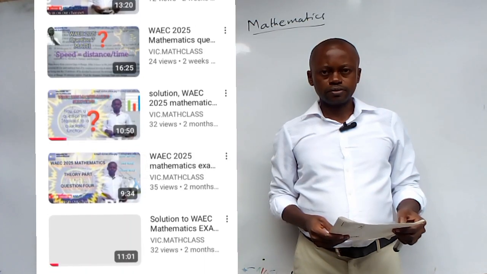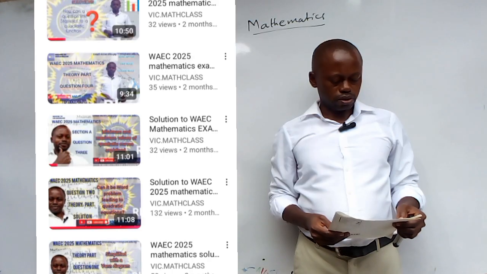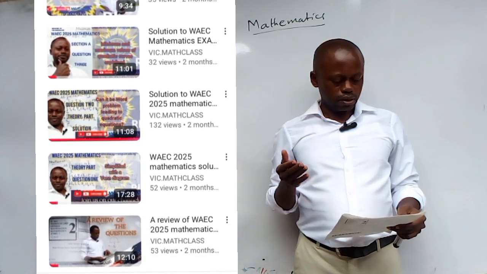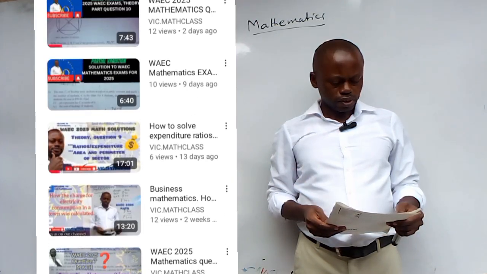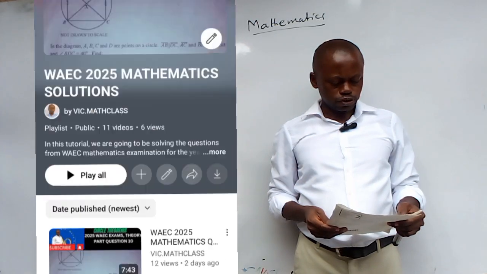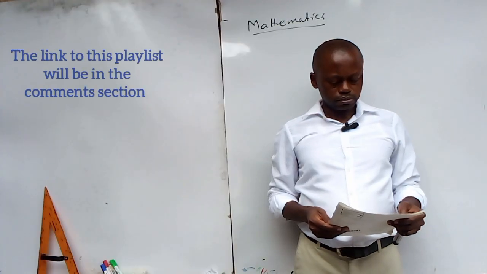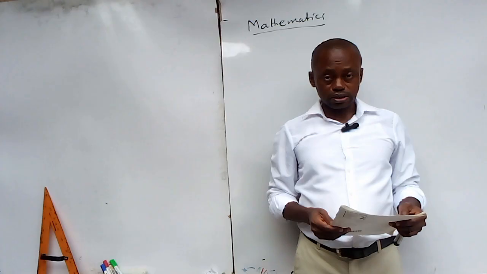We before now have been able to solve the questions in section A, and we are currently in section B. In this section B, we are looking at question 11, and this question 11 has to do with matrix.